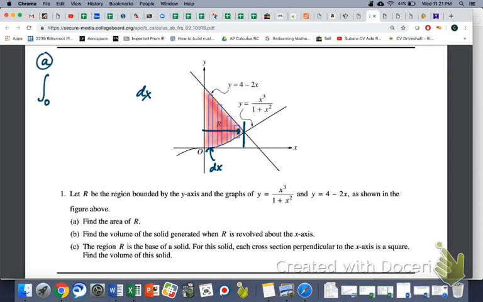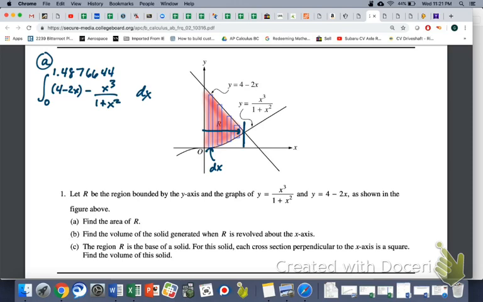And I've got an intersection point out there at x equals 1.4876644. And then if dx is the width, then the length of the representative rectangles, or maybe you could call it the height, would simply be the high function minus the low function. So I will write for that (4 minus 2x minus x cubed) over (1 plus x squared).